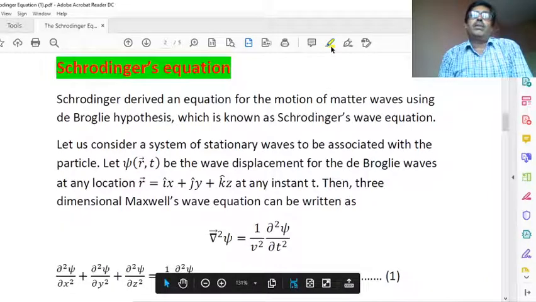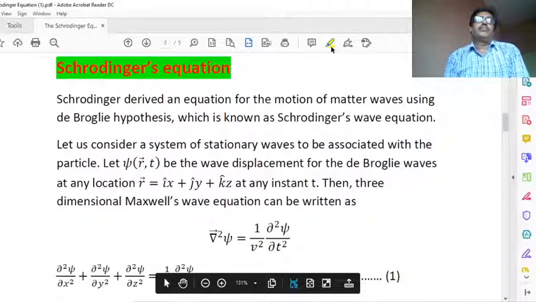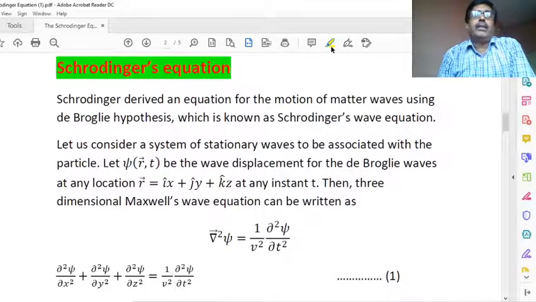First we will see what the Schrodinger equation is. Schrodinger derived an equation for the motion of matter waves using the de Broglie hypothesis. You recall de Broglie, who proposed that like radiation, a material particle must have dual character.